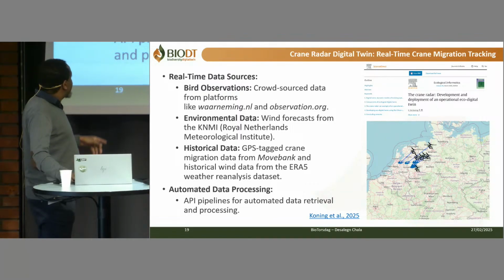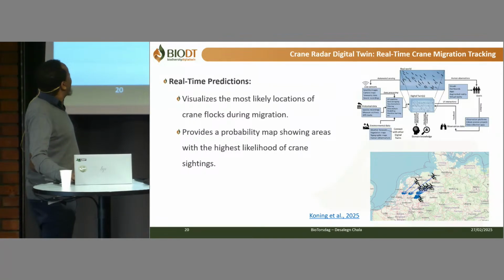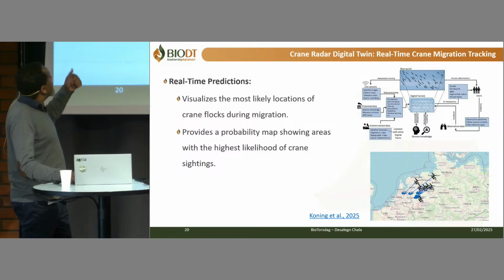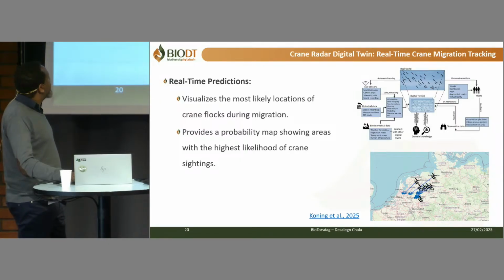Based on that, they have automated data processing using an API pipeline for data retrieval and processing, and they are providing real-time prediction of the most likely location of crane flocks during migration.